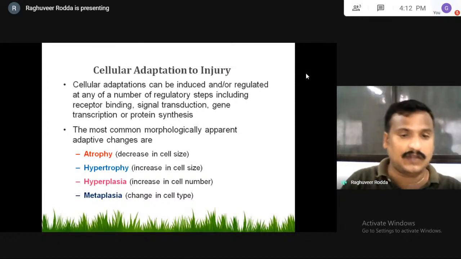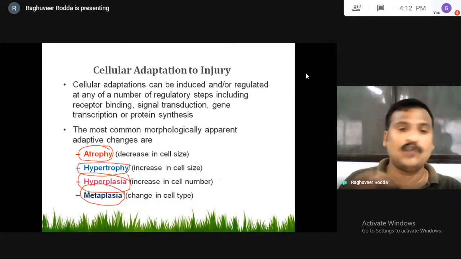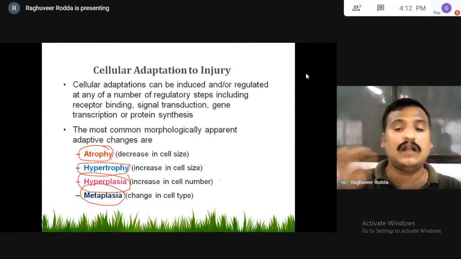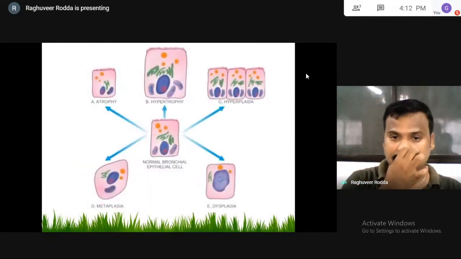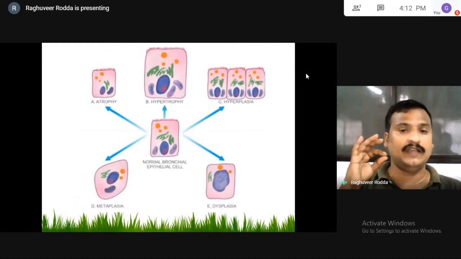These four are very important: atrophy, hypertrophy, hyperplasia, and metaplasia. So these four are called the major types of cellular adaptation mechanisms.